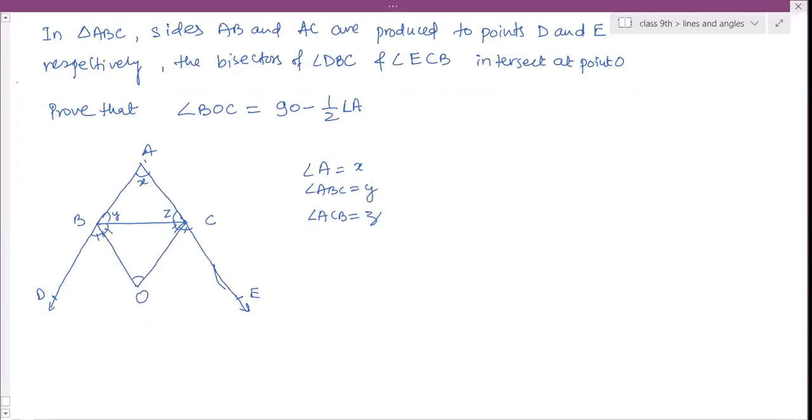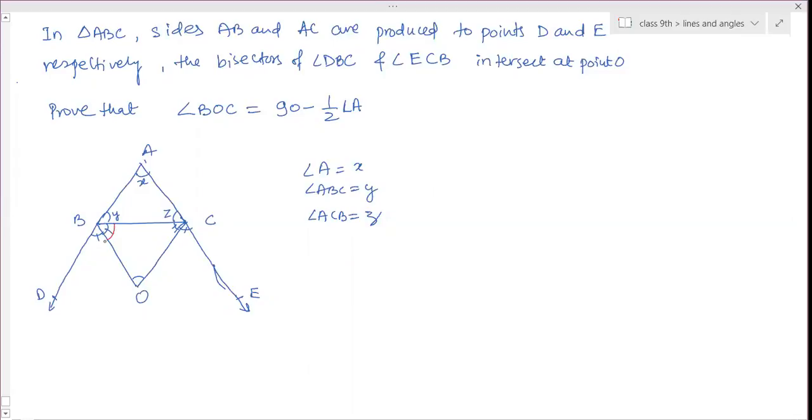The full angle is 180 minus Y. And this full angle will be 180 minus Z.